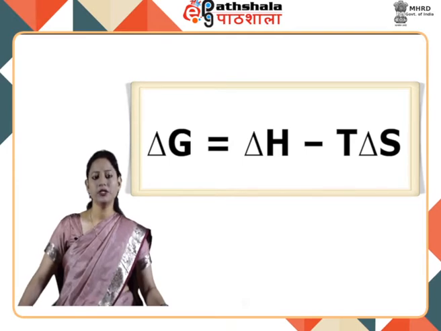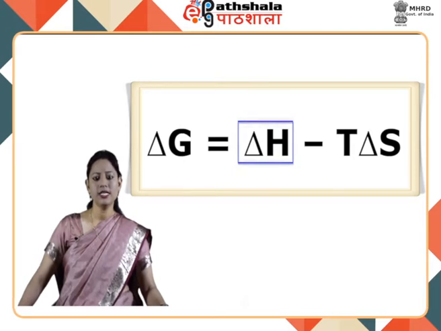The enthalpy term, delta H, is the heat given off or the heat consumed during the course of a reaction. In a molecule or compound, the atoms are held together by bonds. When new bonds are formed, heat is given off, and when bonds are broken, heat is consumed.